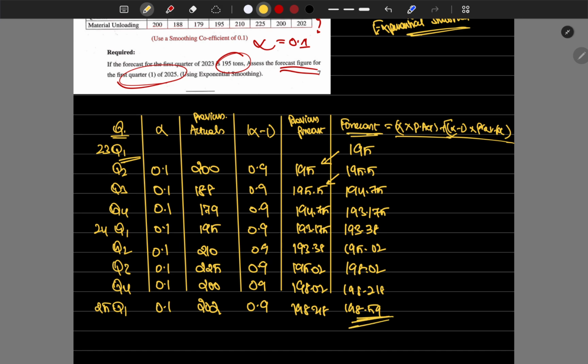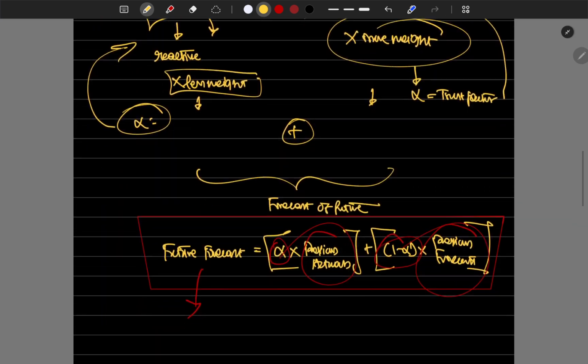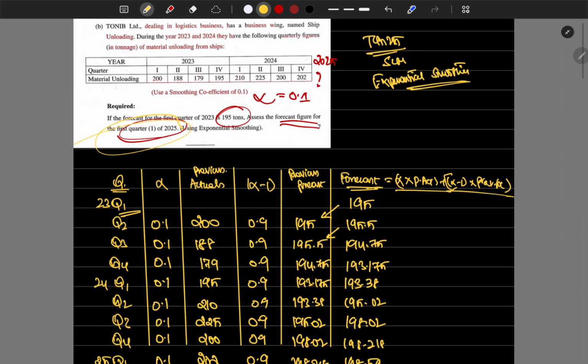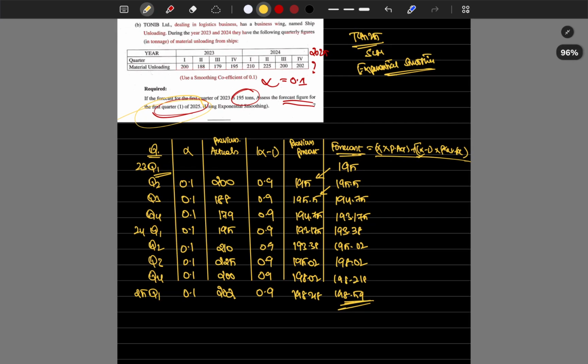That's it. We found the value for the first quarter of 2025, and the concept has also been explained. Very simple problem. Any kind of forecast problem will use this format only. That's it. Thank you.